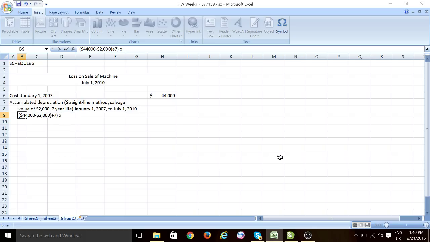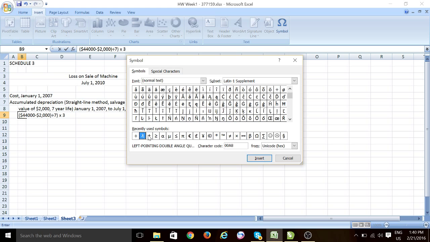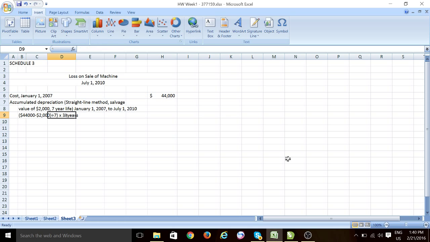So from January 1st, 2007 to July 1st, 2010 is 3 years and a half. Let's calculate that. So 44,000 minus 2,000 divided by 7 and times 3.5.